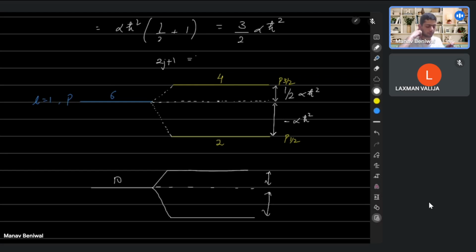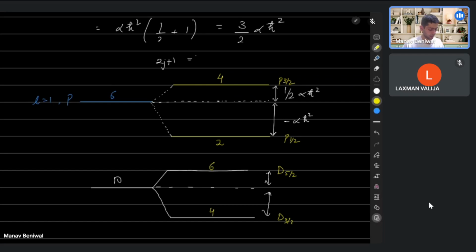One can calculate using the similar logic which we have used for the p orbitals. But the point is, this will become d3/2, this will become d5/2, and this state will have 6 electrons, and this one will have 4 electrons. And in a similar way, you can do it for f orbitals, g orbitals, and so on.